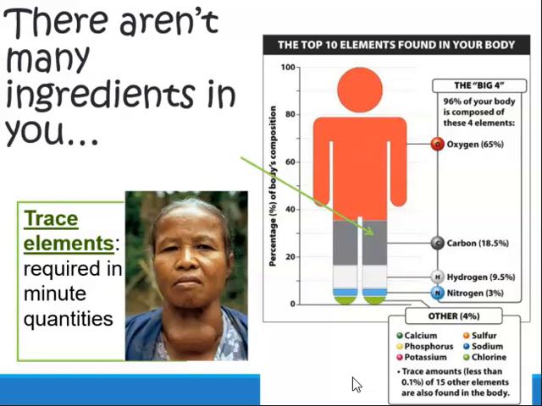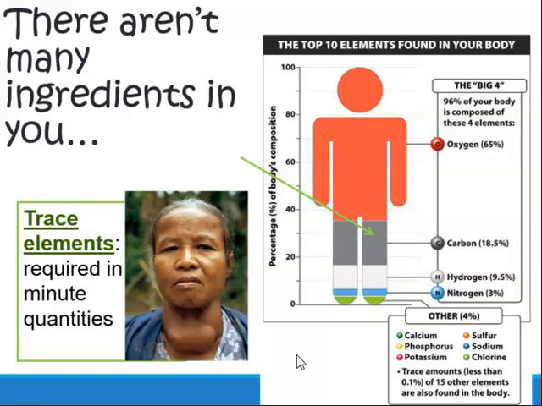And iodine is required in small amounts. However, a deficiency in iodine will cause a pathological condition known as goiter. Goiter is the enlargement of the thyroid gland, and the thyroid gland can be found in the anterior portion of the neck. So goiter is a deficiency of iodine in the diet.